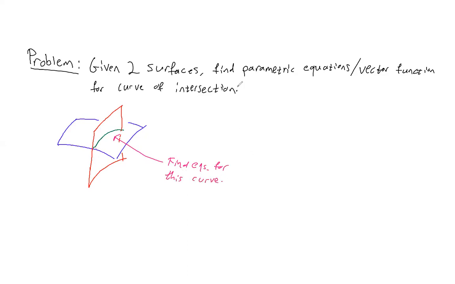And this is sometimes kind of tricky. This often requires a little bit of creativity to figure out what exactly that curve looks like, but there are usually some standard tricks that you can use to do this. So for example, let's do an example of this.